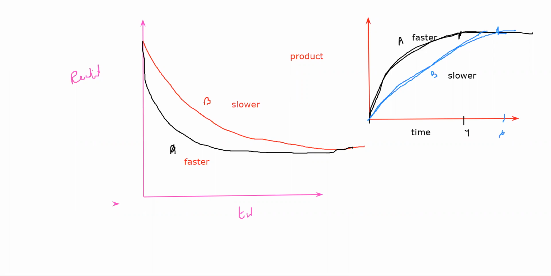The reason why these graphs are important is because they ask you to draw or sketch a graph for a reaction that is faster or slower.